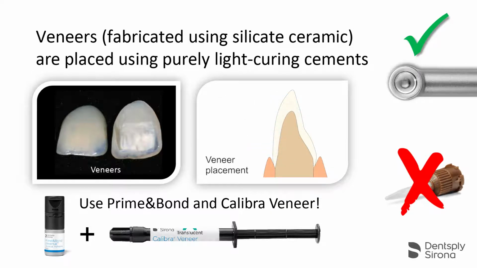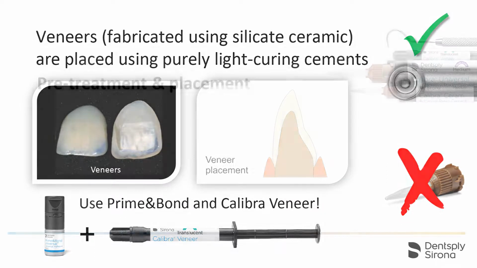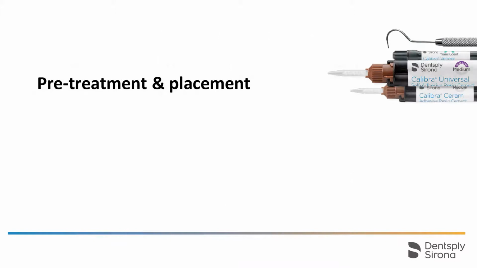Purely light-curing cements are also less susceptible to discoloration in the long term, which is particularly beneficial with aesthetically demanding anterior restorations. Prior to the cementation, pre-treatment of the restoration surface is still common sense and shall be briefly discussed below. We will then look at the actual cementation process.